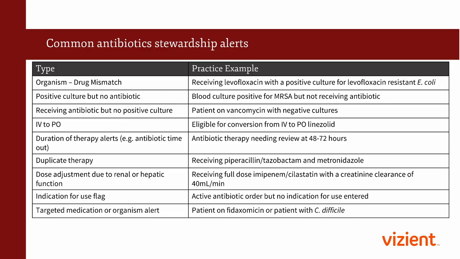These systems can be very helpful in automating key elements of a successful stewardship program, including identifying patients for IV to oral conversion, identifying the need for an antibiotic timeout, flagging duplicate therapy, identifying patients who need to have their dose adjusted due to organ dysfunction, or flagging patients who are receiving an antibiotic but there is no indication for use documented in the medical record. Finally, customized rules can be built in these systems so that alerts are generated in patients receiving restricted antibiotics or have a positive culture for a healthcare-associated infection or a multi-drug resistant organism.